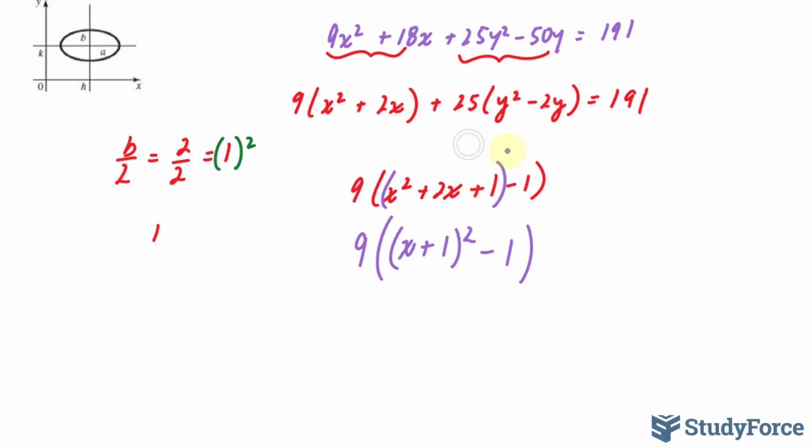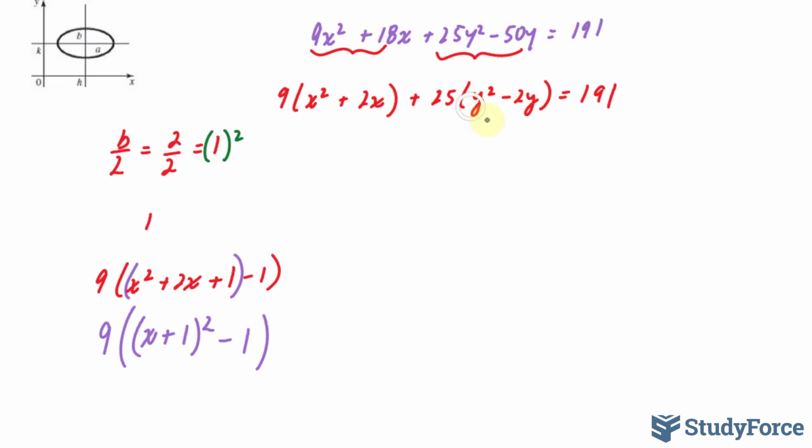Let's do the exact same thing for this one. The b term for these two terms is negative 2. We're going to divide negative 2 like we did before by 2, and we end up with negative 1. I'm going to take this number negative 1 and square it, where I end up with positive 1.